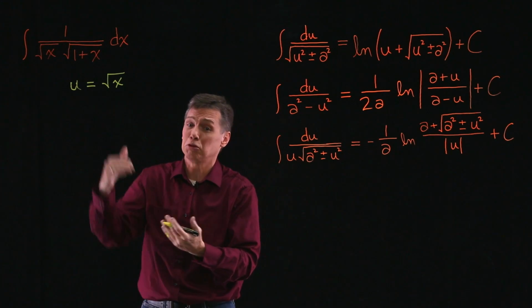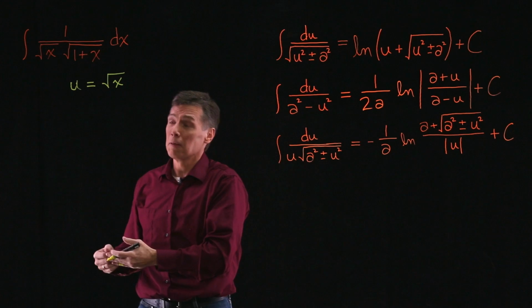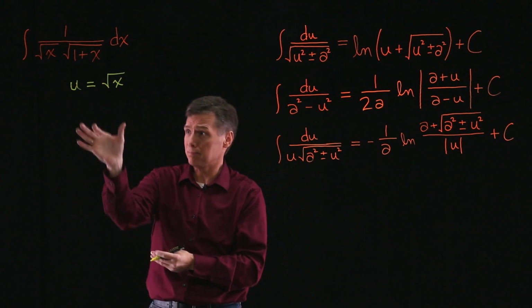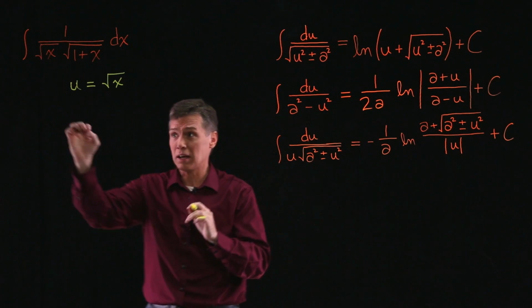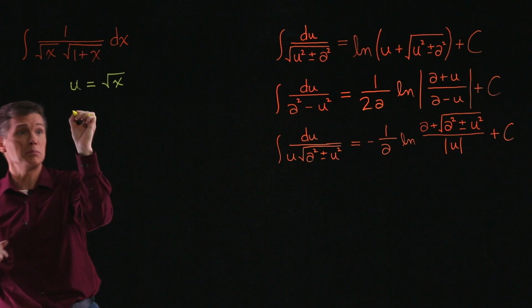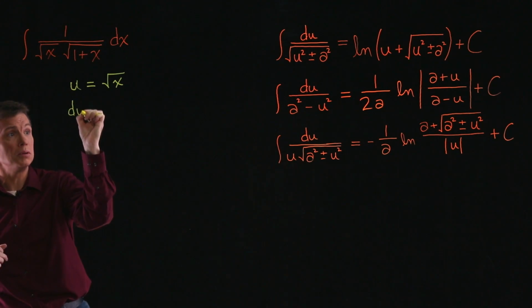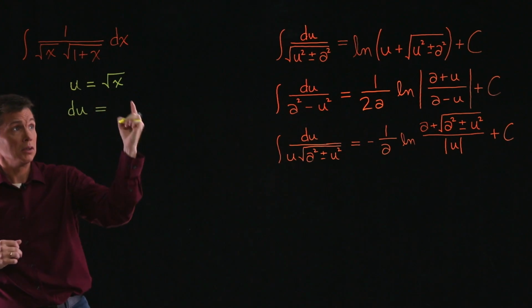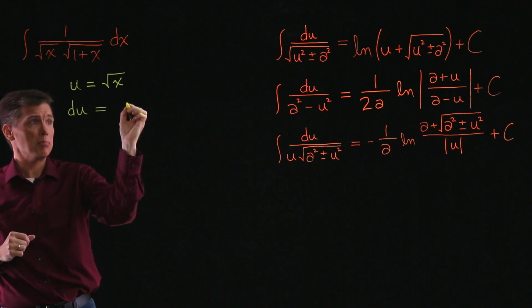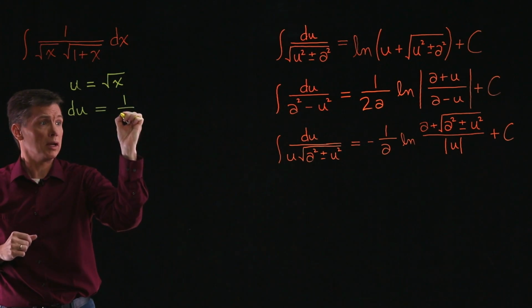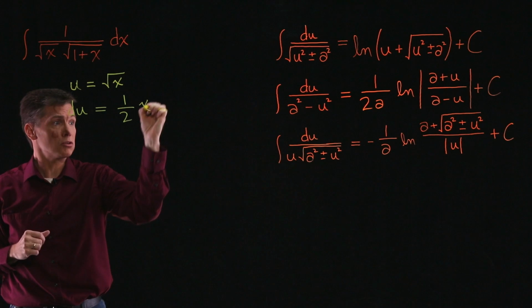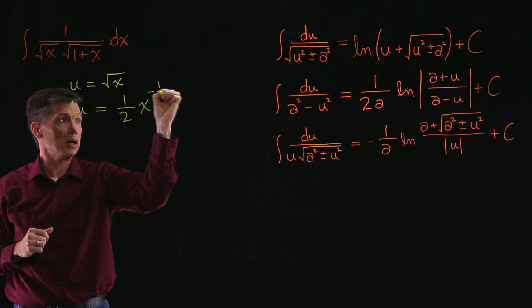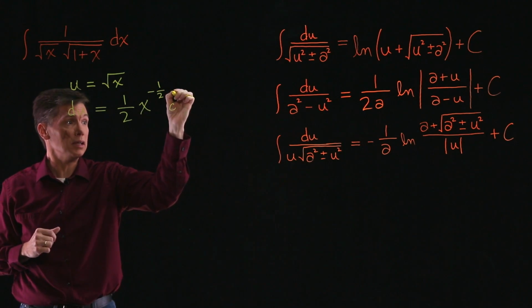A lot of these are just attempts at first, and you see how far you go with it. But let's follow through with this attempt and see if it's going to match, if I figure out from here what my du is going to look like. So x to the 1/2 power: put the 1/2 in front, and then drop the power down by 1, and then dx.